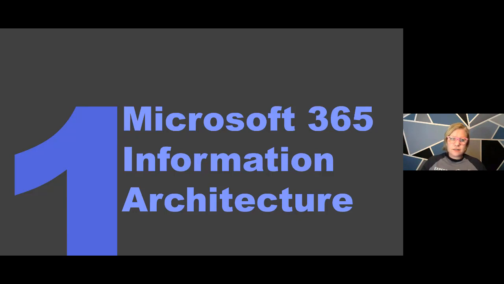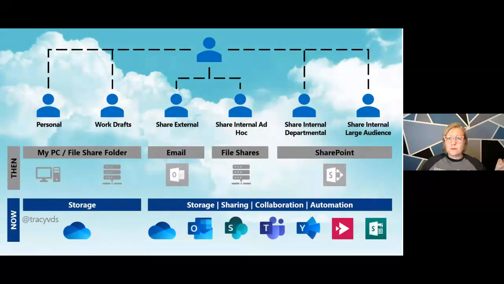So information architecture, when it comes to Microsoft 365 or Office 365, which you're still used to calling it, is something that's very important for me. And I'm definitely a picture person, and infographics is something that works for me.